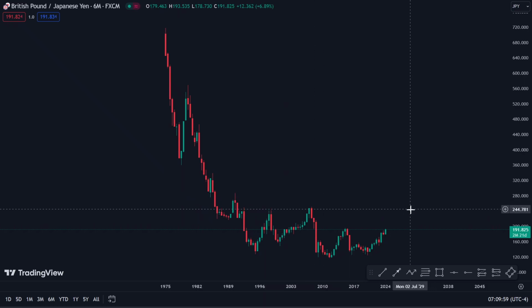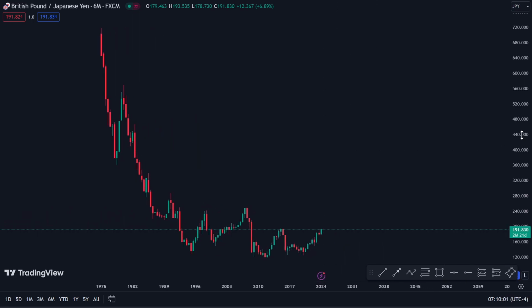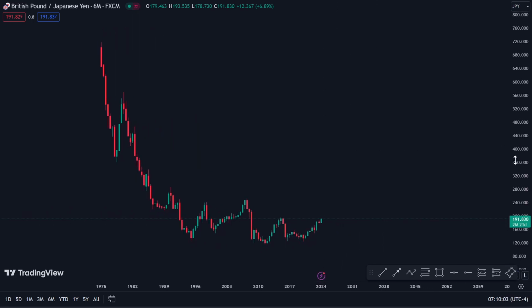So right here onto our charts, we have a pound yen chart, and our chart is a 6-month chart from TradingView. The number one thing you must know is that price moves, like I mentioned in the previous video, for two main reasons.